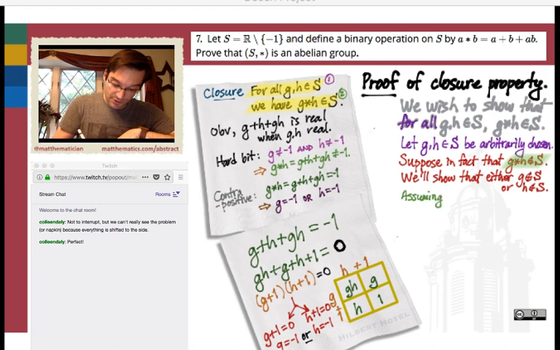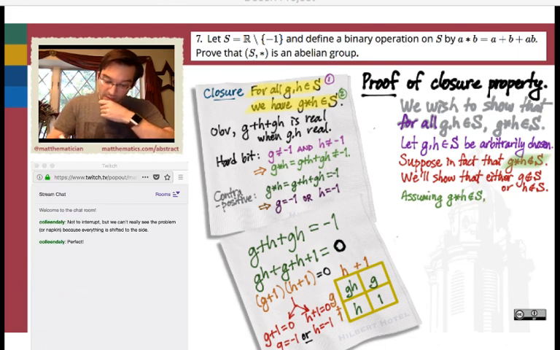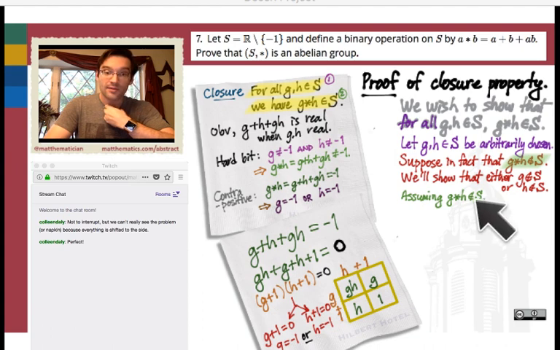So, assuming G star H doesn't belong to S, now we can make this little obvious observation from over here. G star H is definitely going to be a real number, so we don't have to worry about not belonging to S because somehow it's no longer real.